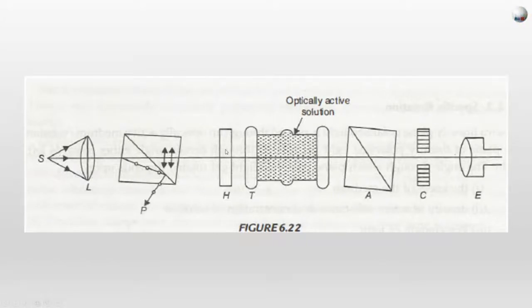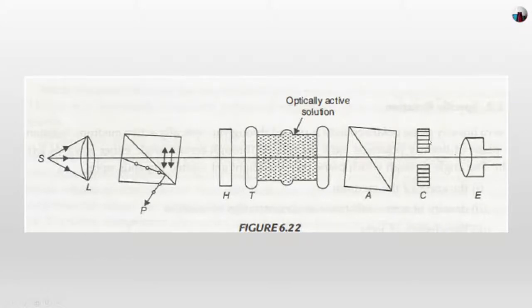let us suppose that the half-shade device is not present. The position of the analyzer is so adjusted that the field of view is dark when the tube is filled only with deionized water. The position of the analyzer is noted on a circular scale.